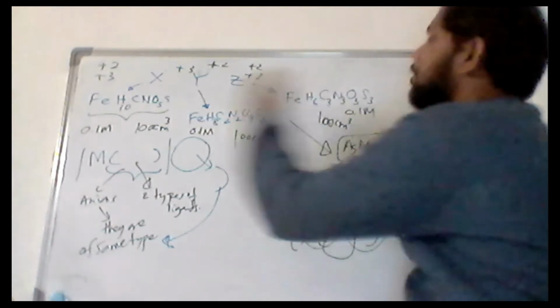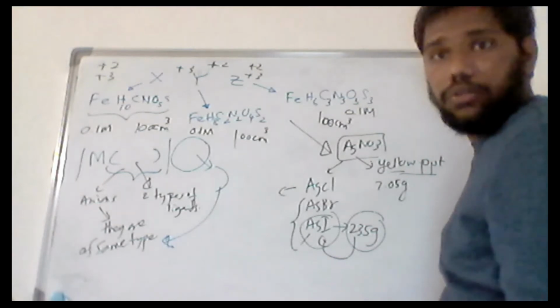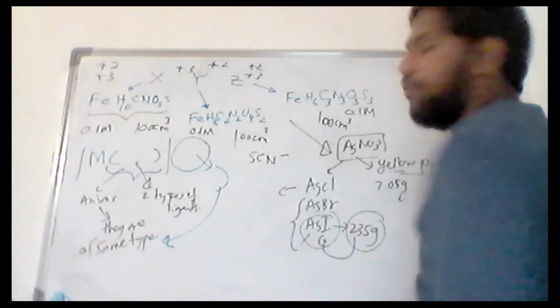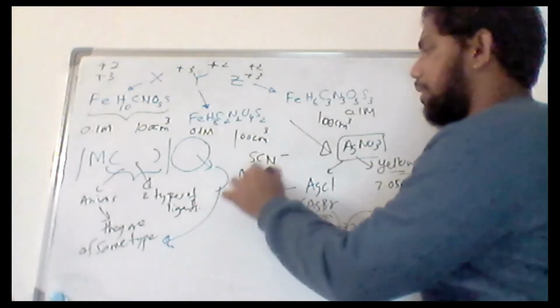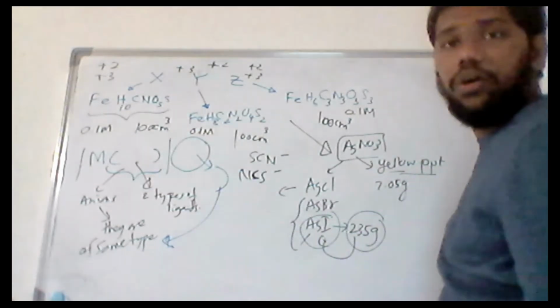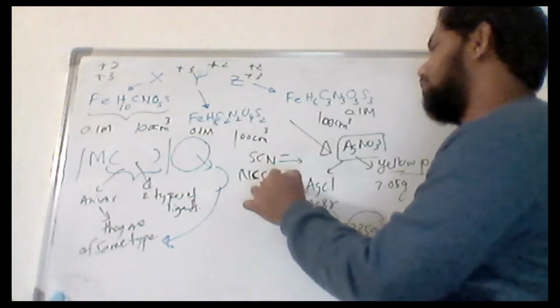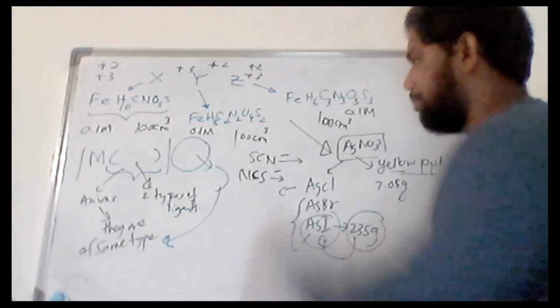The simplest possible way is to get water molecules and either thiocyanate or isothiocyanate, because SCN minus is 1 minus and NCS is also minus 1. The only difference is SCN is coordination from sulfur, NCS is coordination from nitrogen. That is the only difference in the coordination sphere.